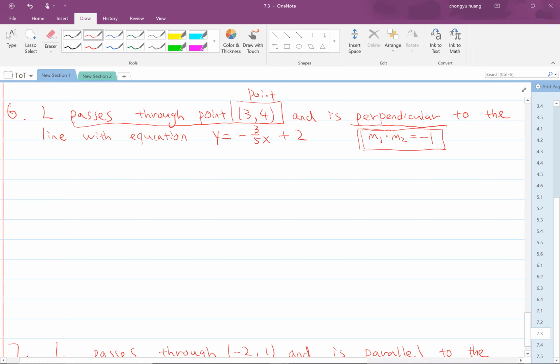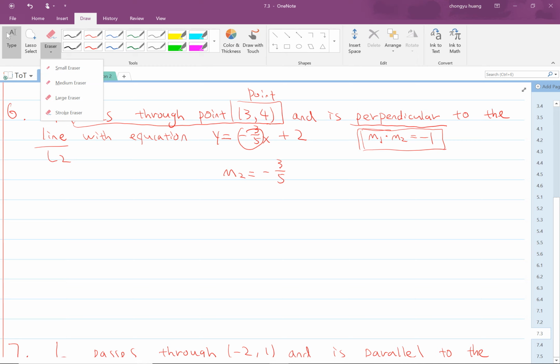So as you can see over here, this form is already in the slope intercept form, and m2 is basically the slope of line L2. This is L1. The equation of L2 is already in the slope intercept form, so we can find the slope right away.